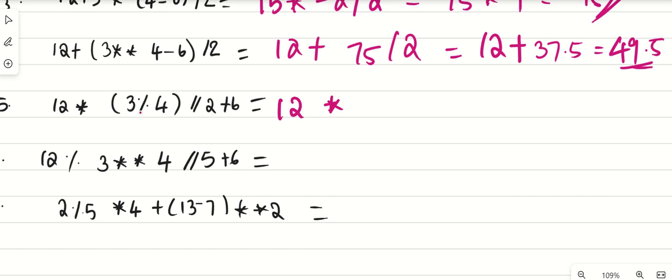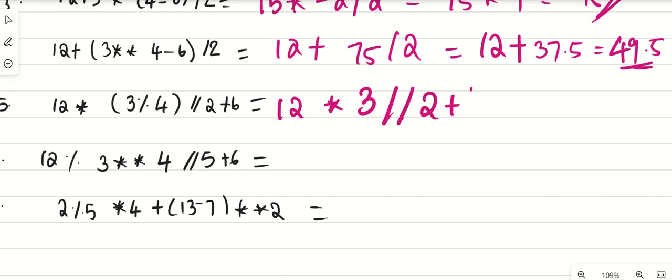When mod comes, if you see mod anywhere, and if the number on the left of the mod, that is here the number on the left of the mod is 3, is less than that on the right, that is 3 here is less than 4, then the remainder, mod will give us the remainder, will be the number on the left. 3 mod 4 is 3. If the number on the left is smaller than that on the right, then that number on the left will be the answer. So 3 mod 4.